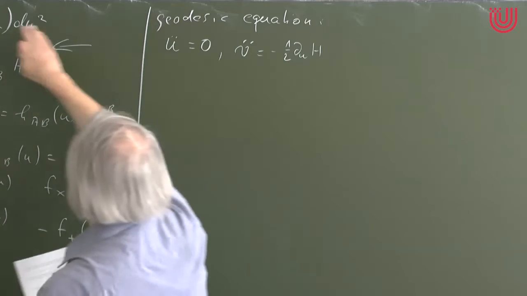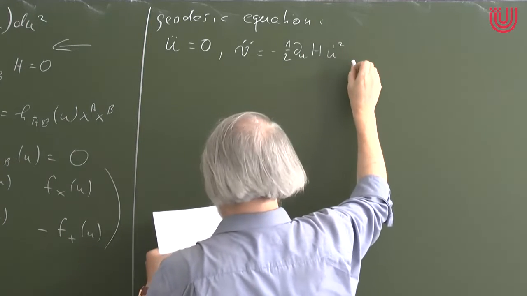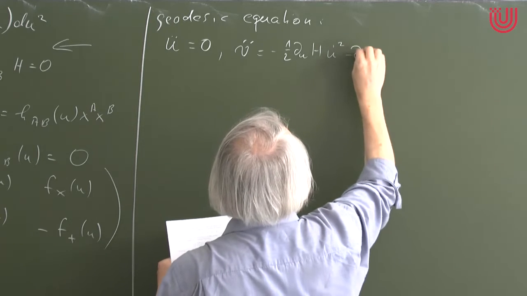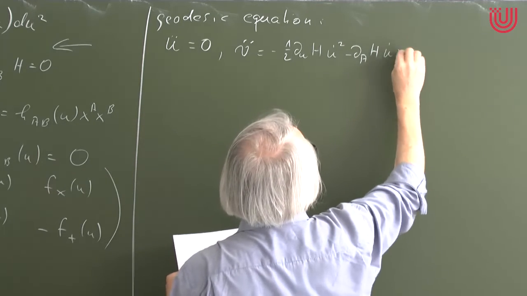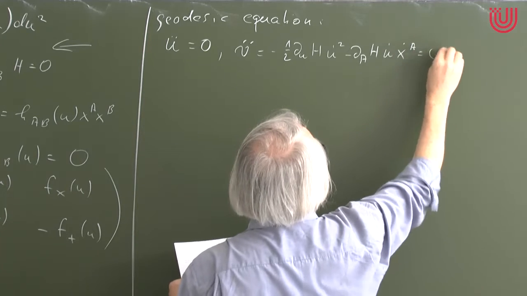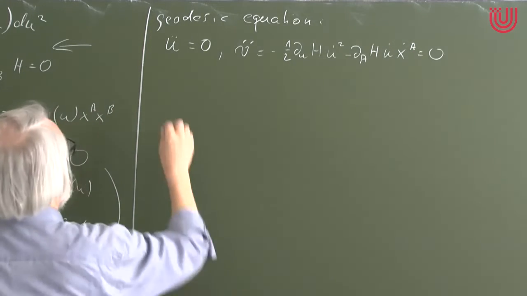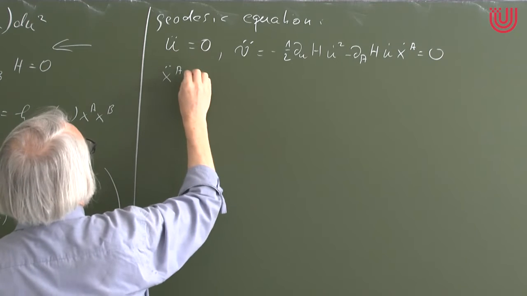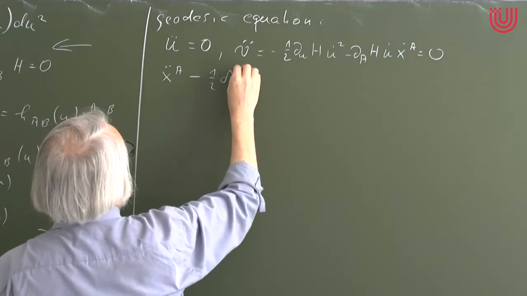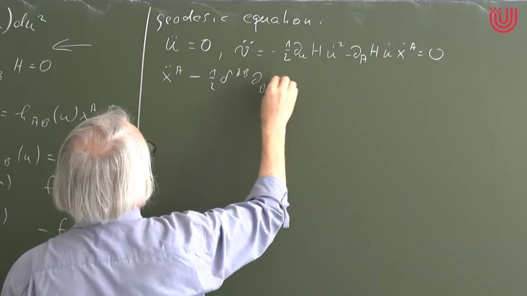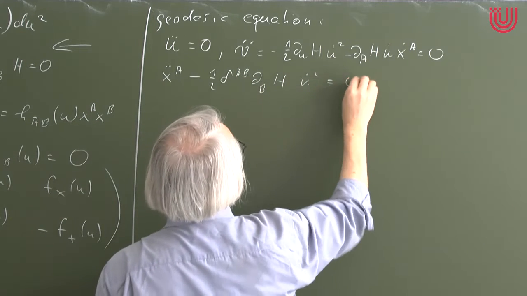This is for the general form of the metric: d_u h times u dot squared, minus d_A h times u dot x^A dot, is equal to 0. So here you read off the Christoffel symbols, right? And the last equation is x^A double dot minus 1/2 delta^AB d_B h u dot squared is 0.